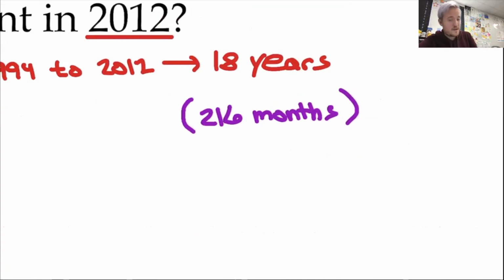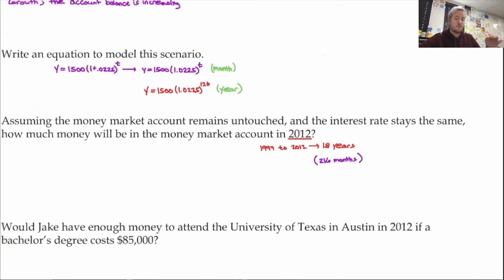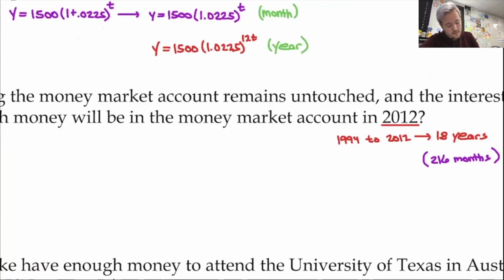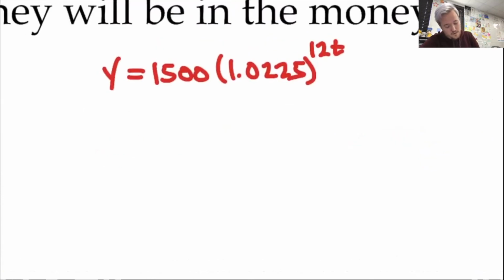So remember, you have to be careful which equation you're plugging it into, whether you're plugging it into the month equation or the year equation. All right, so I'm going to use the year equation. I'm just going to copy and paste it down here. So I want it after 18 years. All right, so this is what I'm solving.